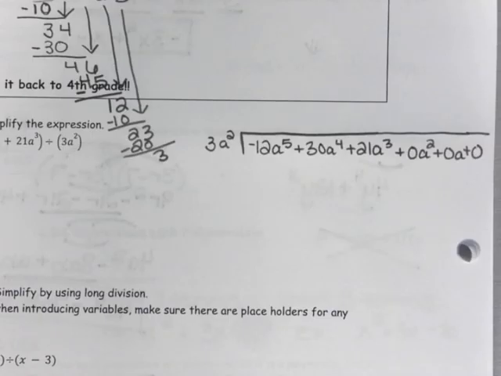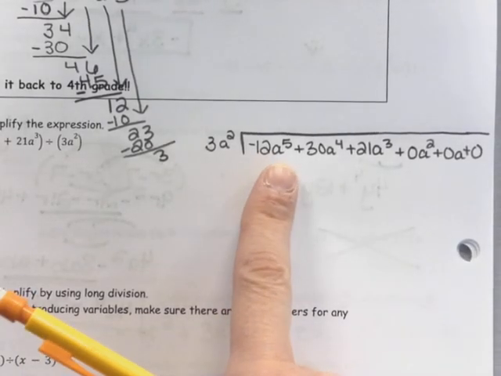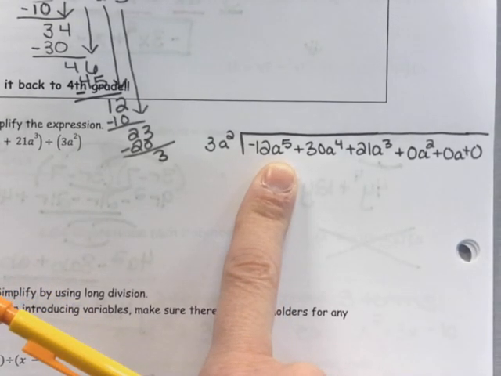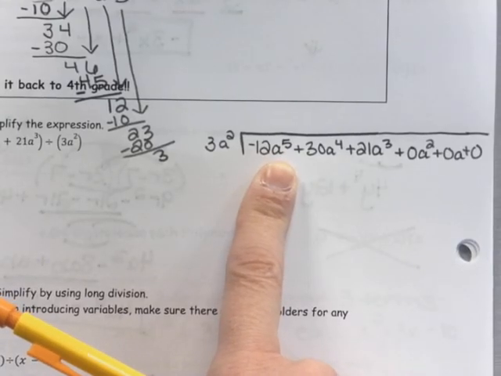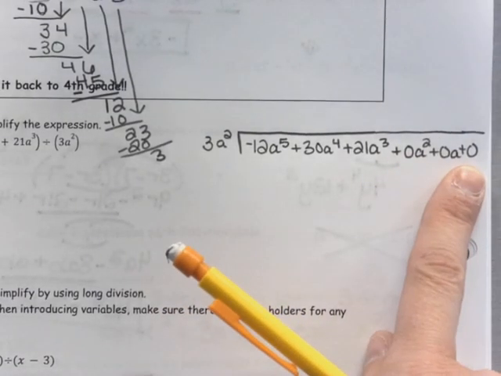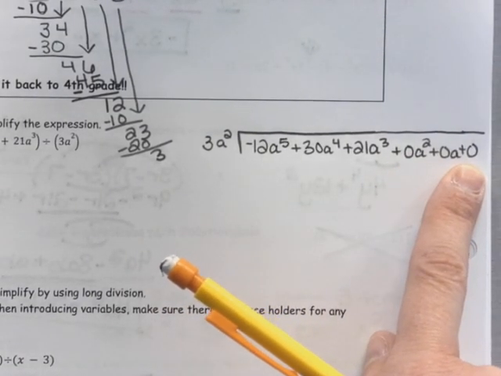Sometimes you do, sometimes you don't. But again, we've got to at least have it there so we know that's what would be there if we continued it on. So when you put this under here, there are 2 rules. Rule number 1, it has to be in standard form. Rule number 2 is if you're missing any terms, you have to put in placeholders. So these things are my placeholders for the terms that we're missing.